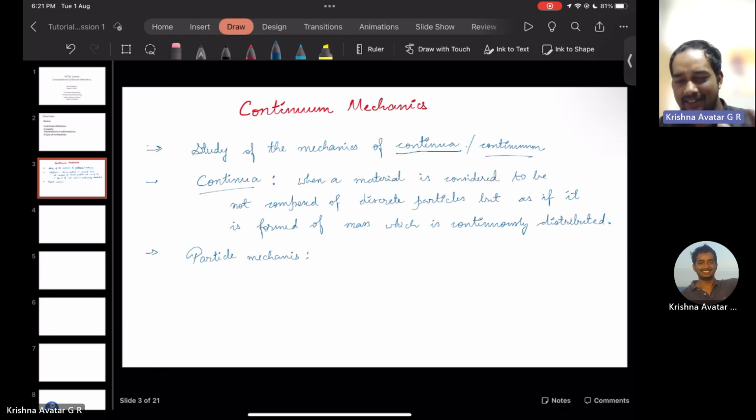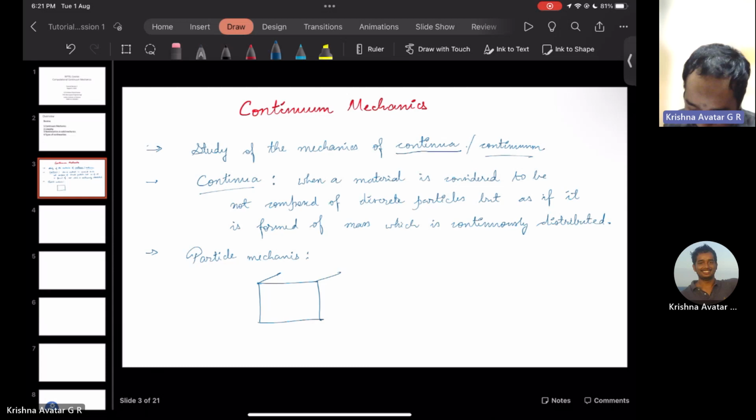So what we do is some sort of statistical analysis. Continuum mechanics is very much as if we are just analyzing the statistics of a group of particles. Let's try to explain this.